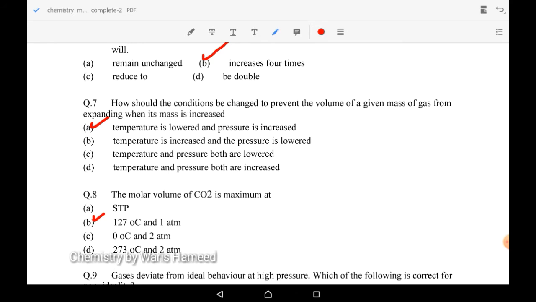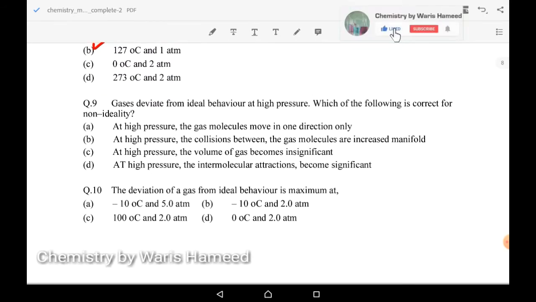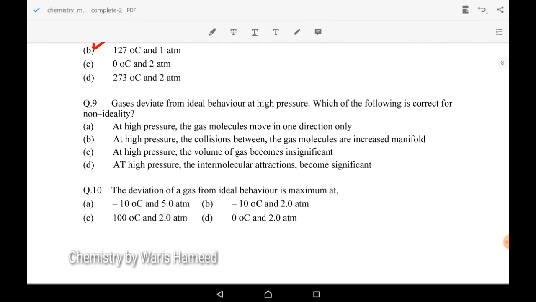Next, gases deviate from ideal behavior at high pressure. Which of the following is correct for non-ideality?